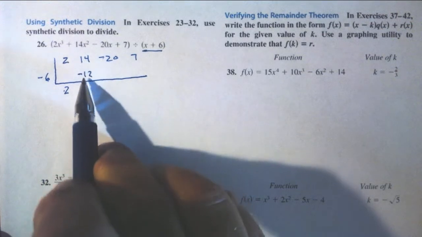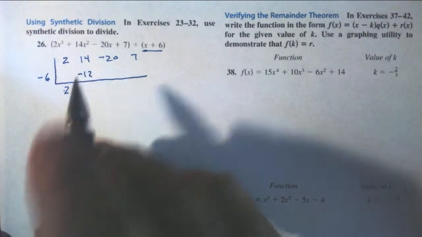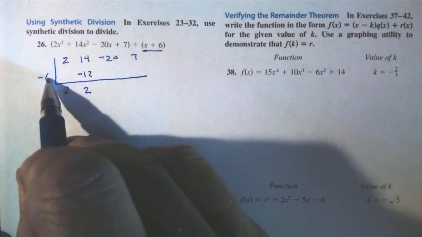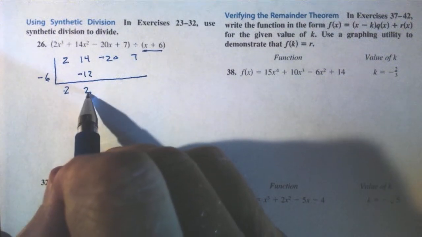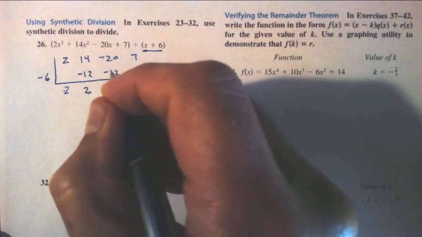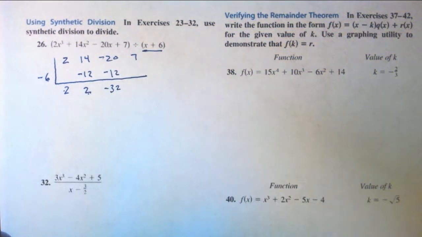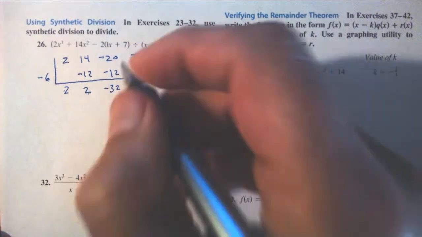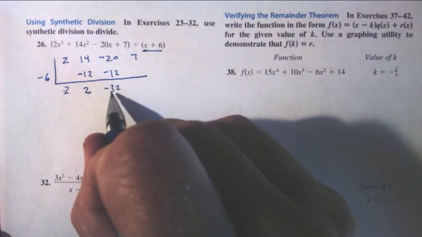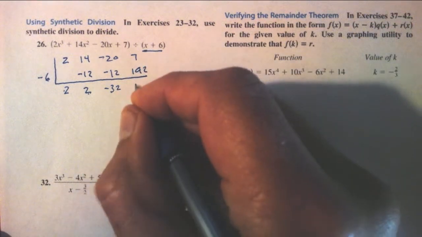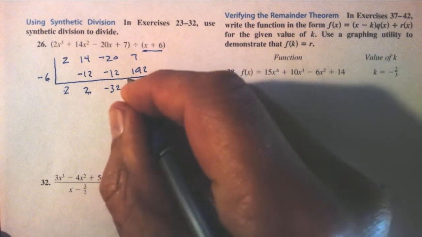I add these, 14 plus negative 12, 2. I multiply these, negative 12. I add these, negative 32. I multiply these, positive 192, and 7 plus 192, for a 199 remainder.